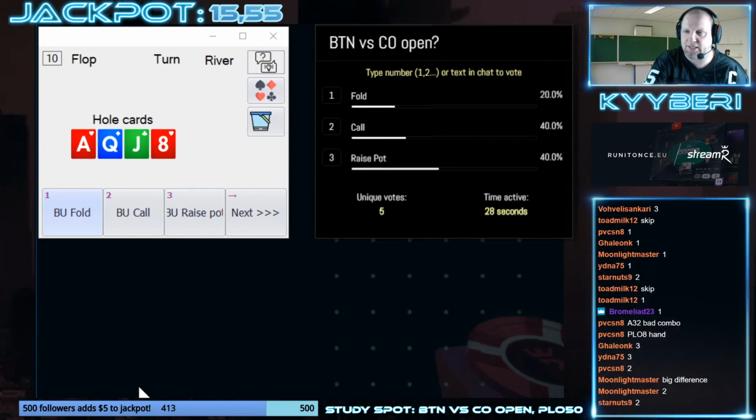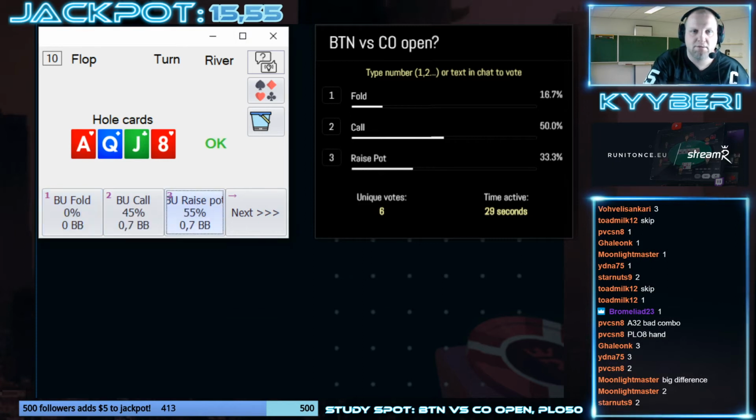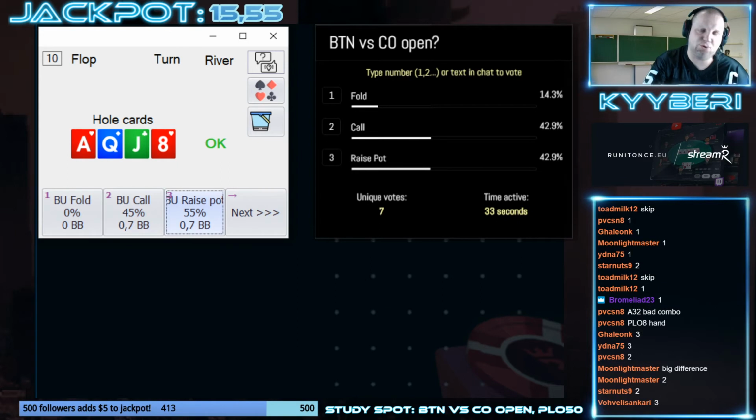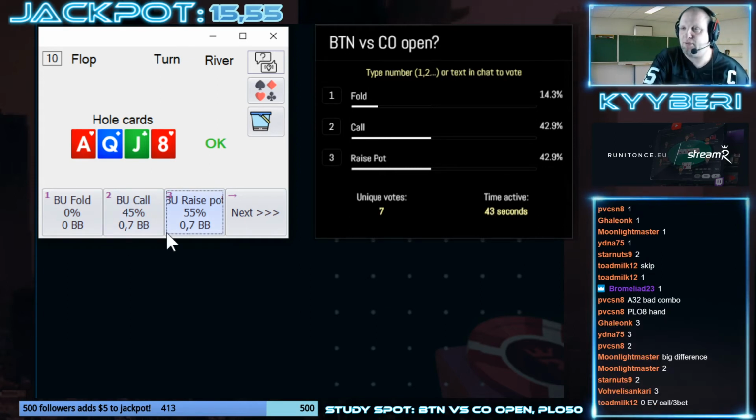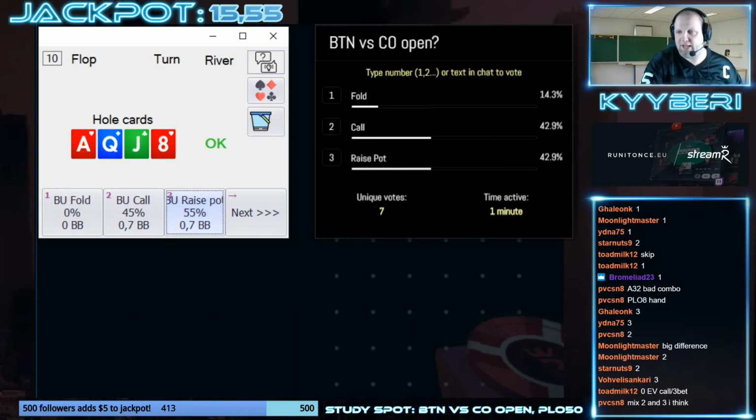It's probably a mixed, and it's 45-55 mixed. Do whatever you want, but 3-betting is a bit high frequency. EV is the same, so once again, it doesn't matter which one you choose. I'm not sure who wanted to fold this hand, but dude, don't make misclicks.